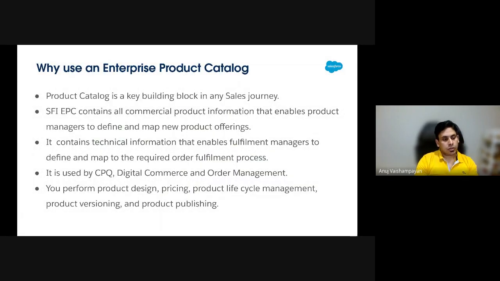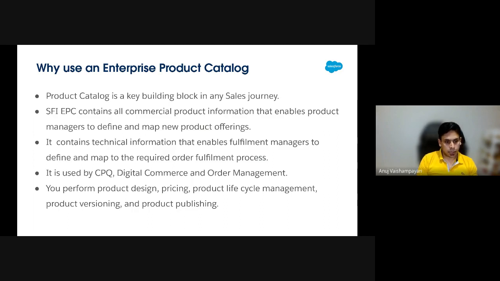So why use an enterprise product catalog? The product catalog is a key building block in any sales journey. SFI EPC contains all commercial product information that enables product managers to define and map new product offerings.